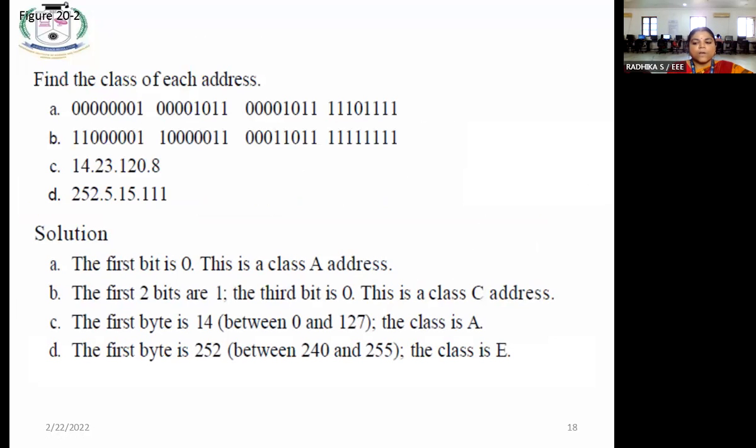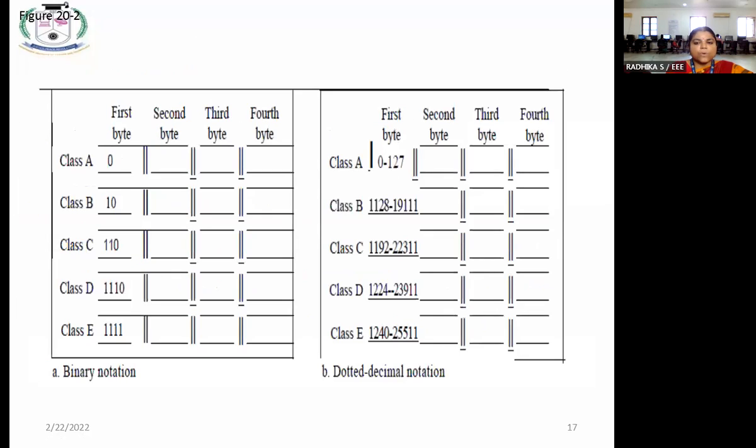If you look at class E, when you look at the first byte for class E addressing, the first four bits have to be 1. There is no change because it is class E. Whereas the next four bits of the byte range from all zeros to all ones.